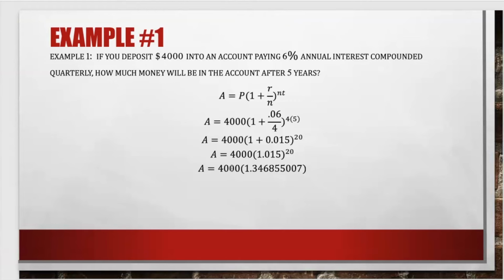Then I'm going to multiply by 4,000. So that's going to give us $5,387.42. This is what I got on the calculator, but you have to round it off to the nearest cents, which makes it 42. This once again is the total amount.